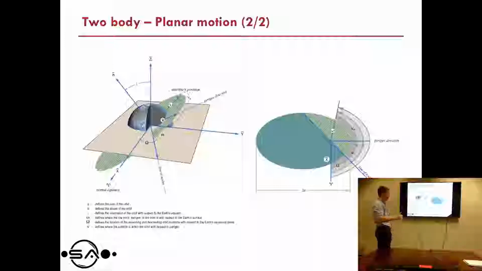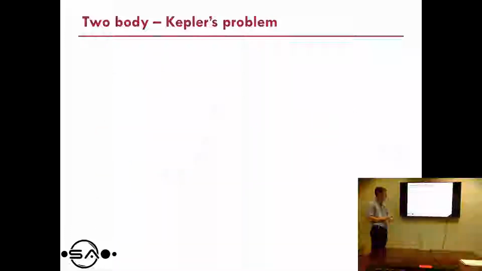The trick is that a lot of times it's replaced with the mean anomaly. And that's actually Kepler's problem. So let's walk through that on the whiteboard real quick.